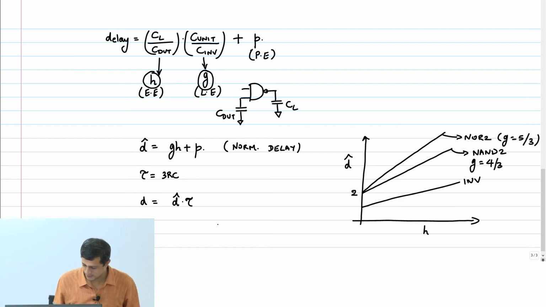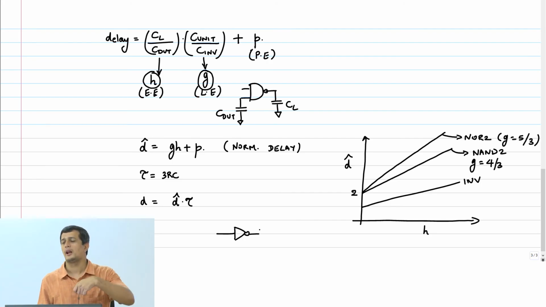Okay, so let us look at this thing. So if I have an inverter driving 4 copies of itself, you remember this we called as fan out of 4 delay, right? Because the output is fanning out into 4 different gates and it is driving identical copies of itself.